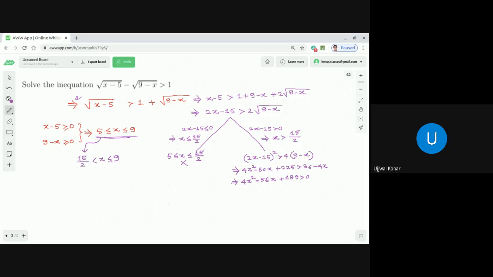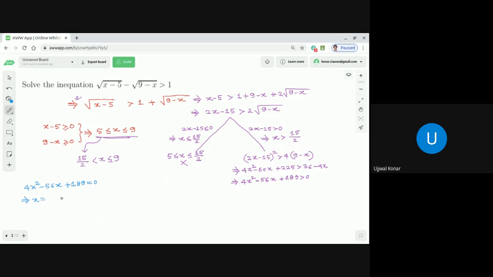So if you just recall, what are the roots of this corresponding equation? Let me do it in some corner, so that you can see: 4x square minus 56x plus 189 is equal to 0. Then what are the solutions we are going to get?